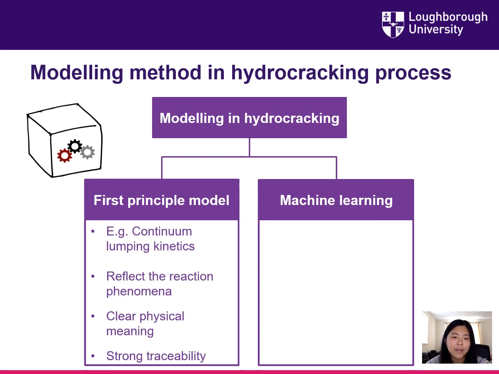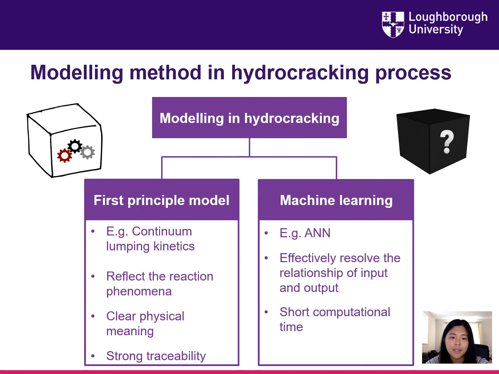So in hydrocracking process, the common first principle model is continuum lumping kinetics. It reflects the reaction phenomena with a clear physical meaning and strong traceability. While in machine learning, the common algorithm that is used is artificial neural network, ANN, and it can resolve effectively the relationship of inputs and outputs with a short computational time.